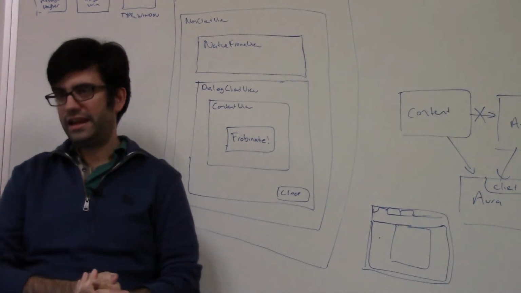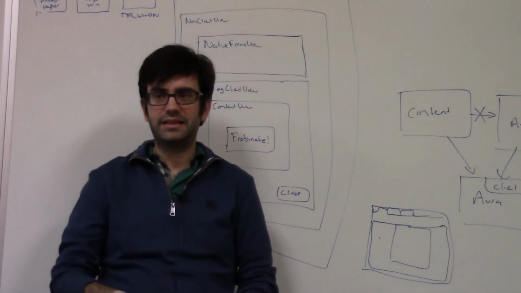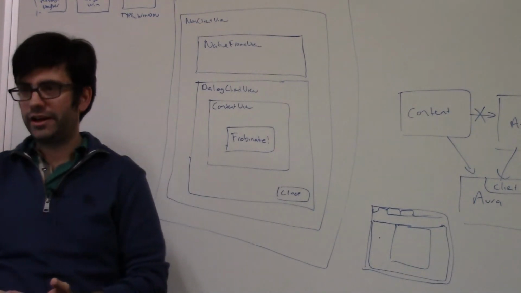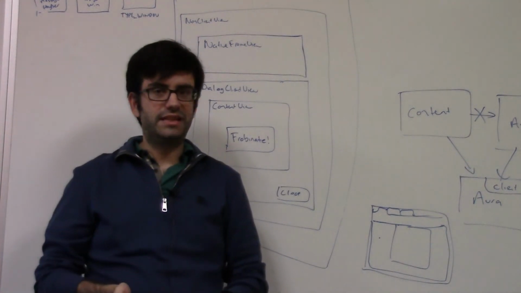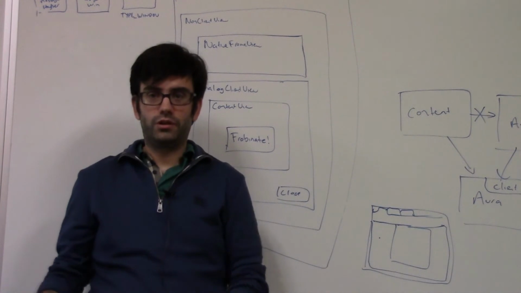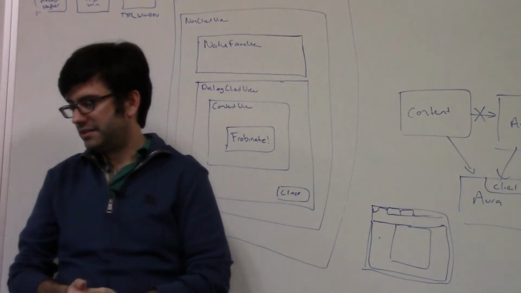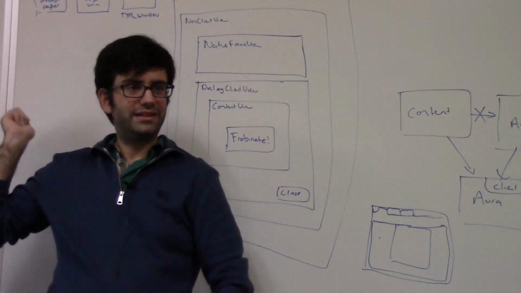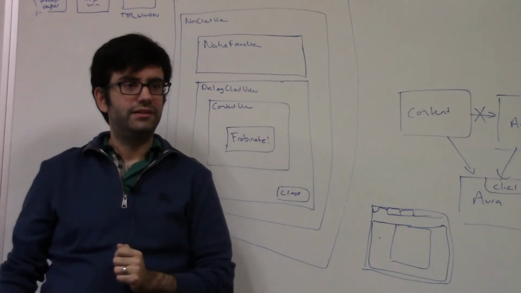There's a notion of an event handler. An event handler is some class that is told that an event happened. There's an event target, which is something that can receive events, which is either a view or an Aura window. And then there's an event dispatcher, and the event dispatcher is responsible for basically dispatching an event to some target.